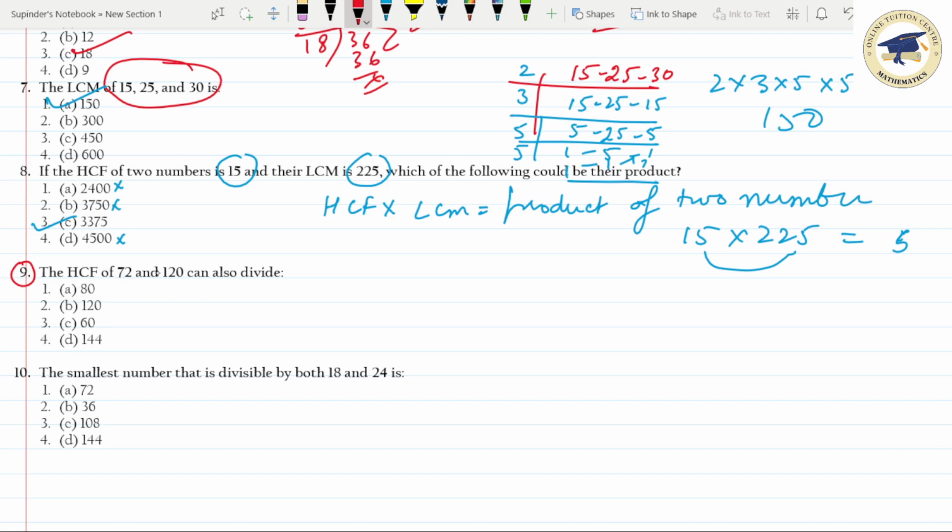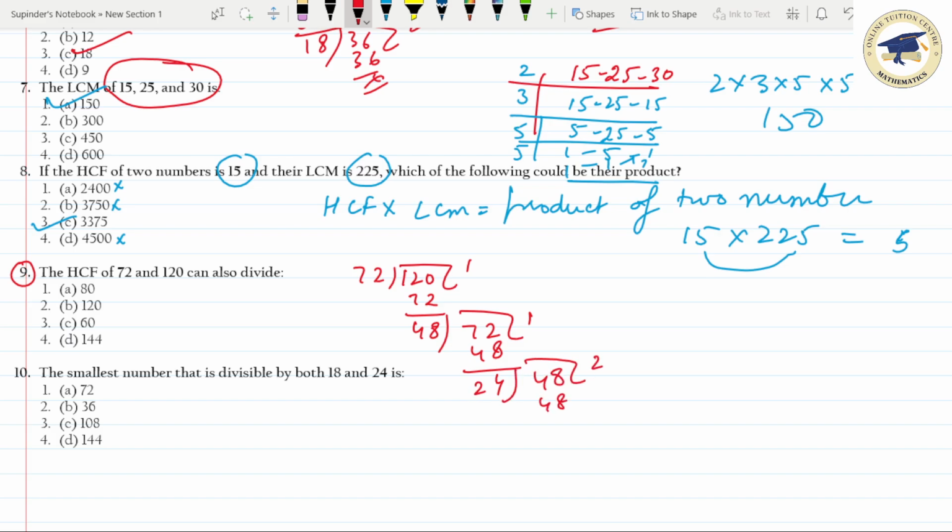Find the HCF of 72 and 120. We got the HCF as 24.